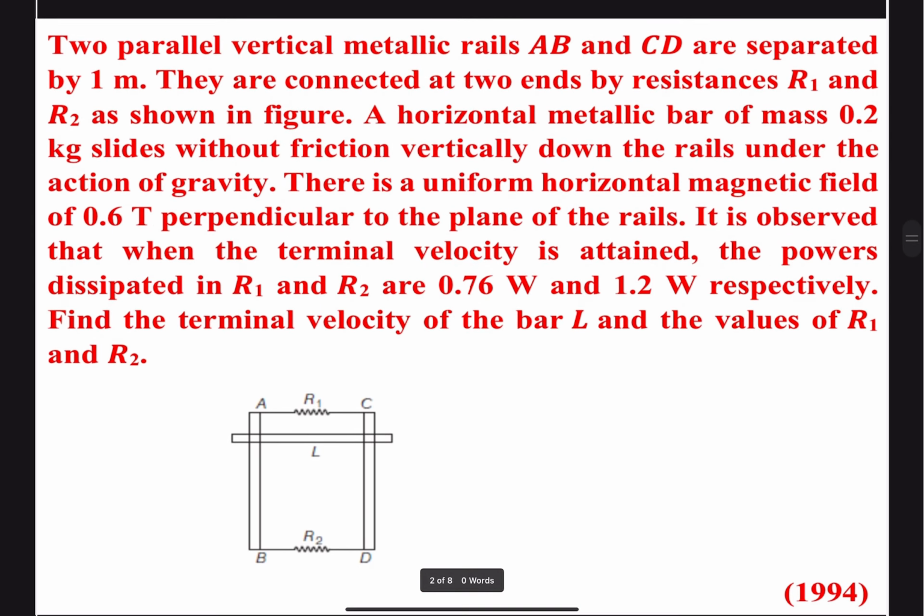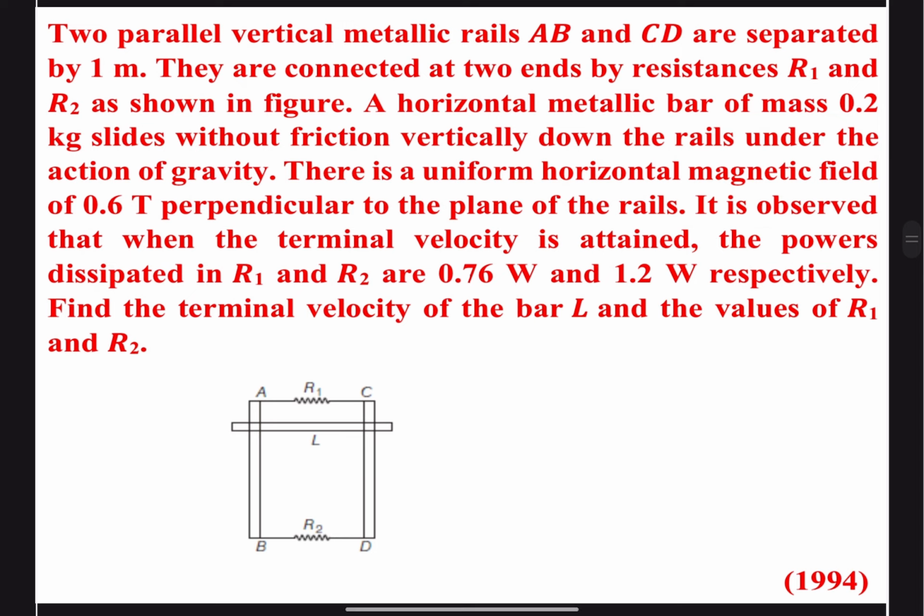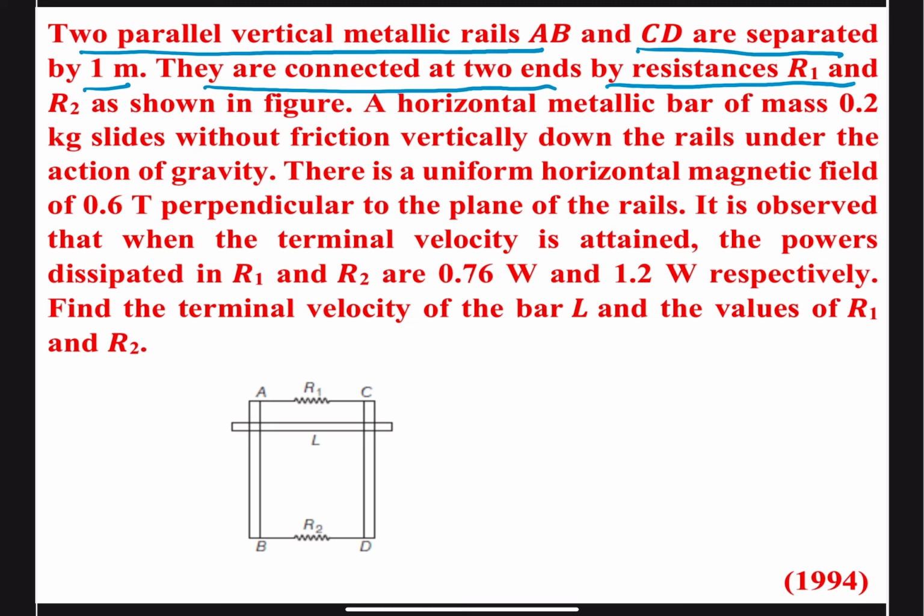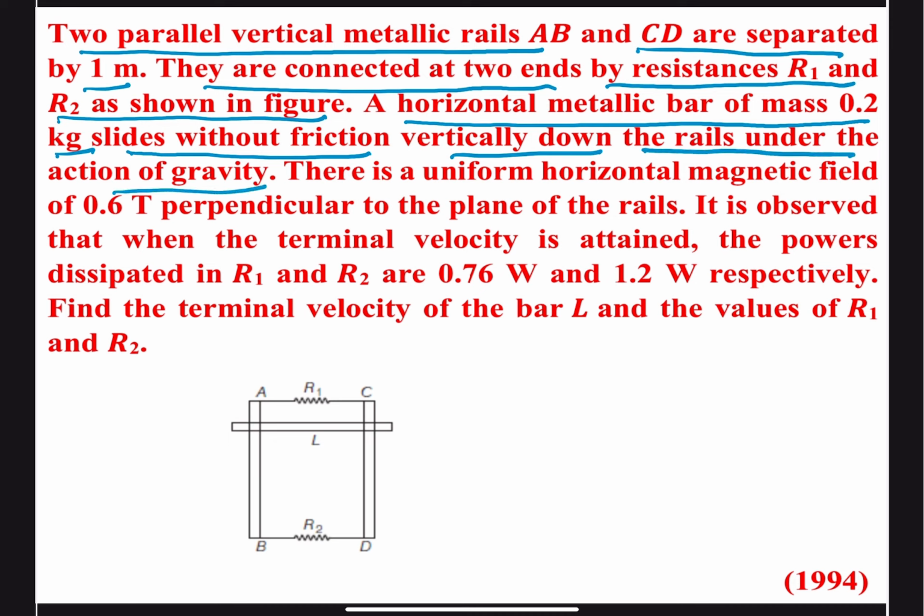Now we come to the second question. In the second question, it is given that two parallel vertical metallic rails, AB and CD, are separated by 1 meter. They are connected at two ends by resistances R1 and R2 as shown in the figure. A horizontal metallic bar of mass 0.2 kg slides without friction vertically down the rails under the action of gravity.